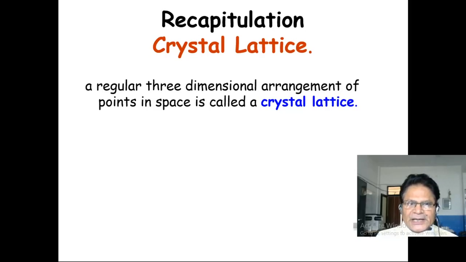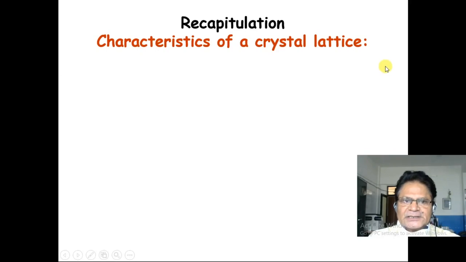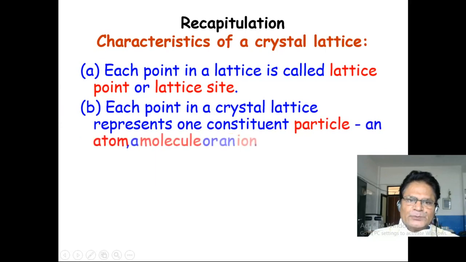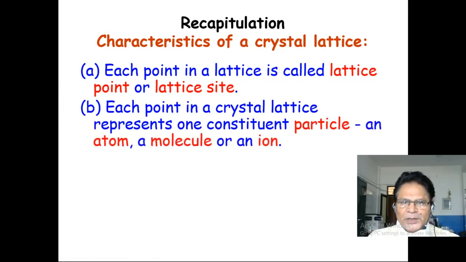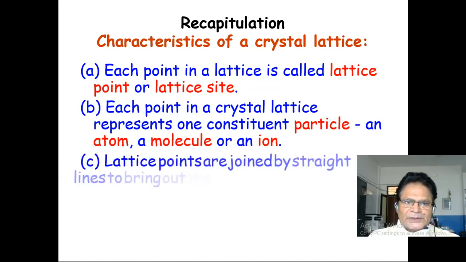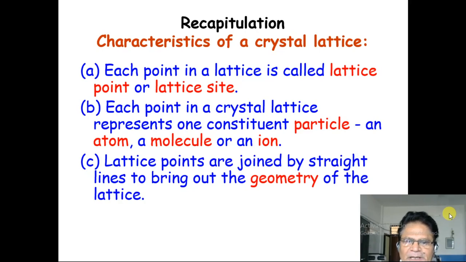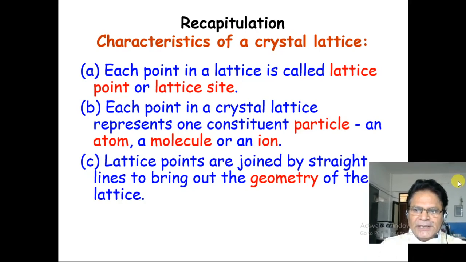Recapitulation: crystal lattice, a regular three-dimensional arrangement of points in space is called crystal lattice. Characteristics of a crystal lattice: each point in a crystal is called lattice point or lattice site. Each point in a crystal lattice represents one constituent particle, an atom, a molecule, or an ion. The lattice points are joined by straight lines to bring out the geometry of the lattice.